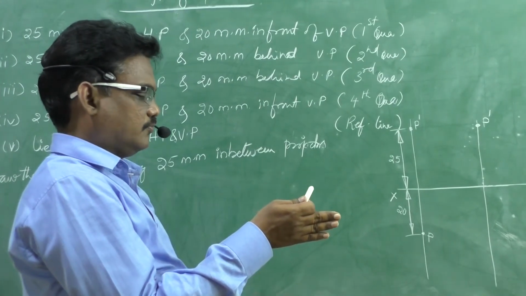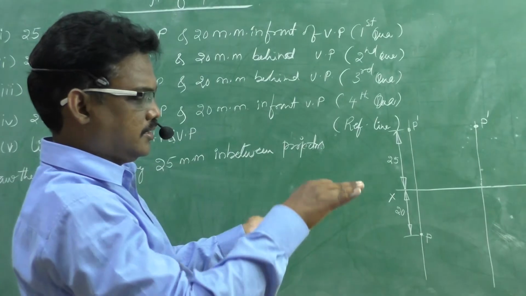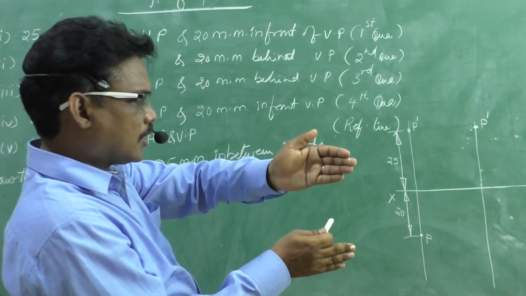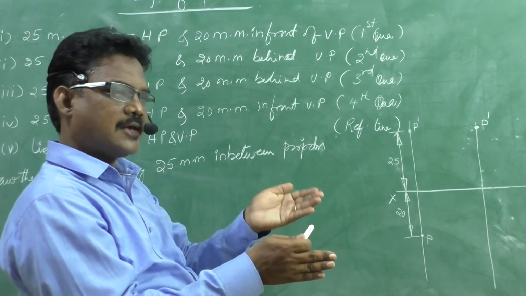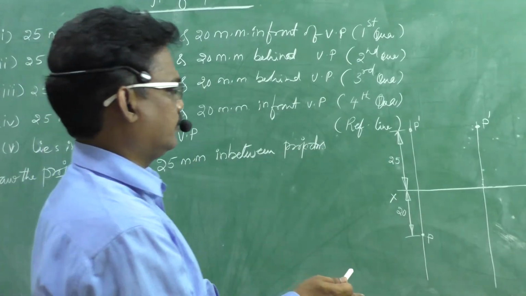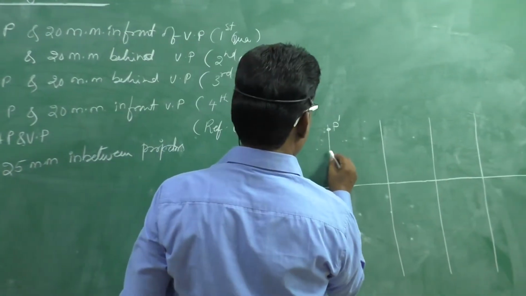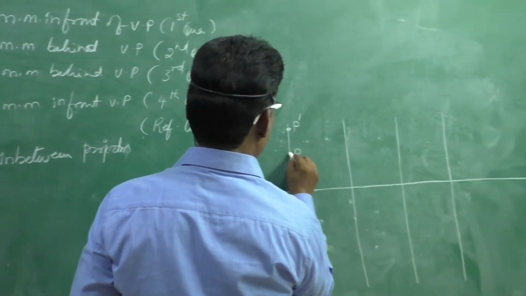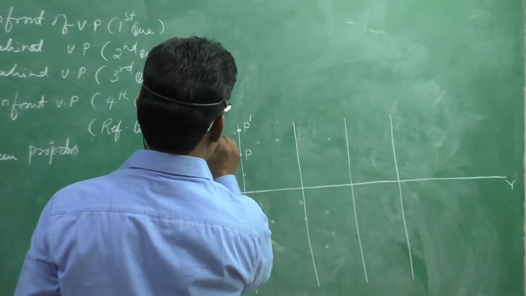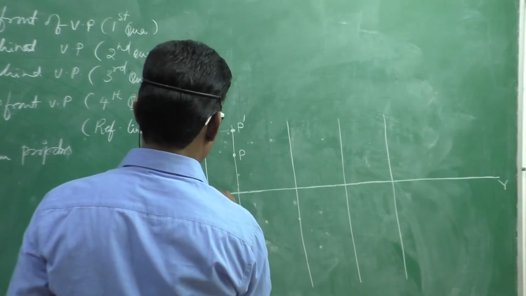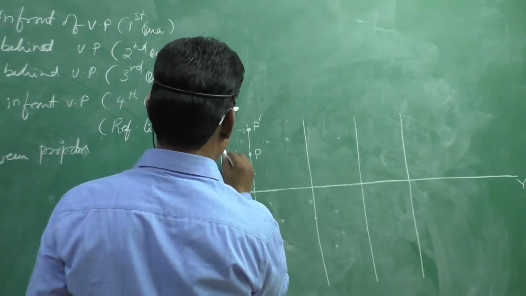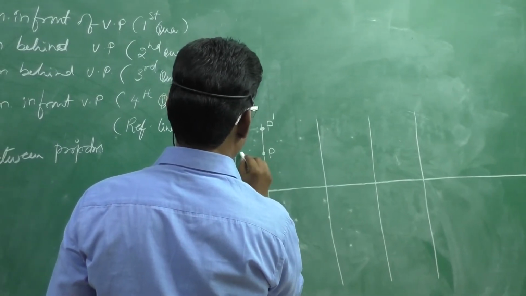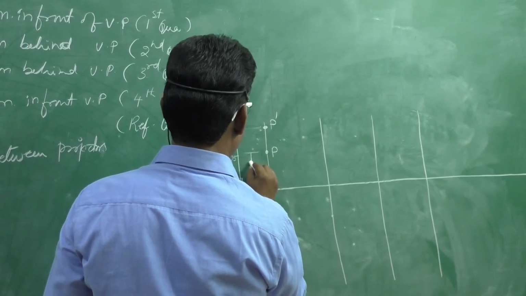After that, if we rotate the horizontal plane, the top view overlaps, or it will lie in the projector line of the front view. At a distance of 20 mm here, we need to mark P point. Now you can observe this is 25 mm and this is 20 mm.